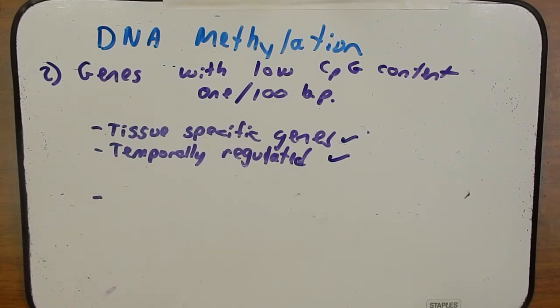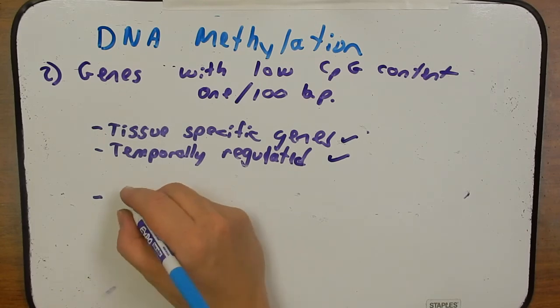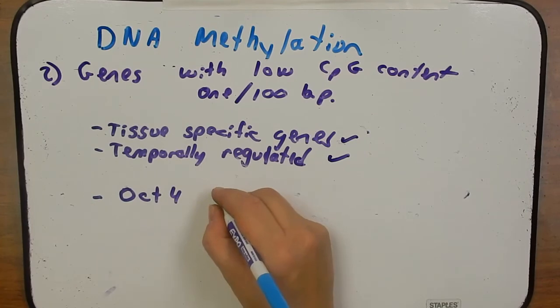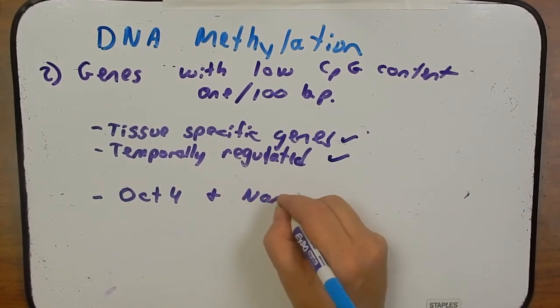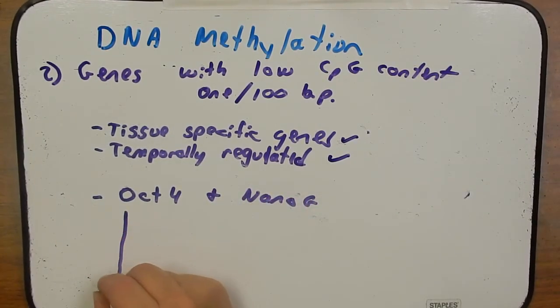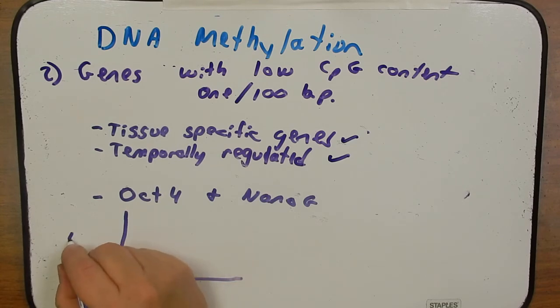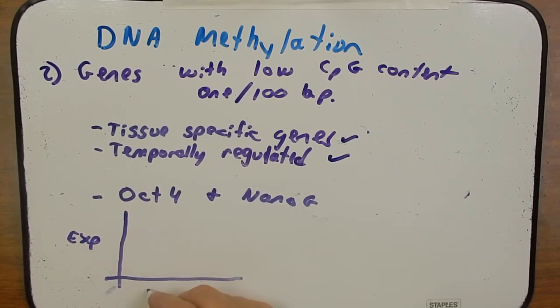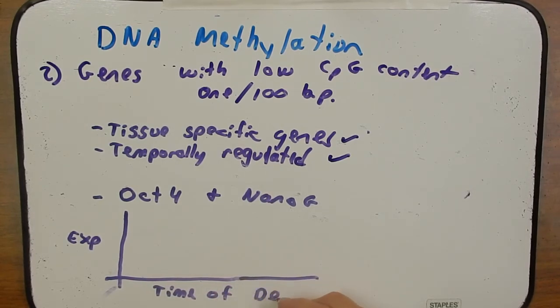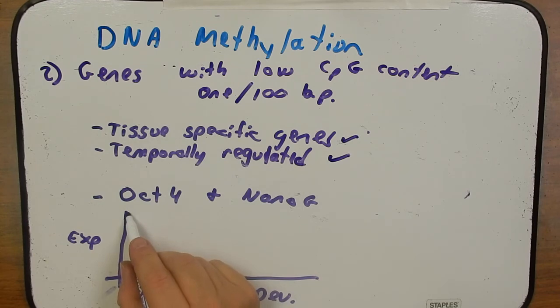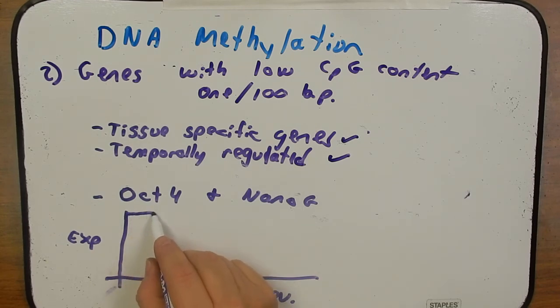A good example of this temporal regulation revolves around these two genes, OCT4 and Nanog. If I were to draw a graph here, I would put expression here and time of development on the horizontal axis. And what we see is very high expression early in the embryo during development.